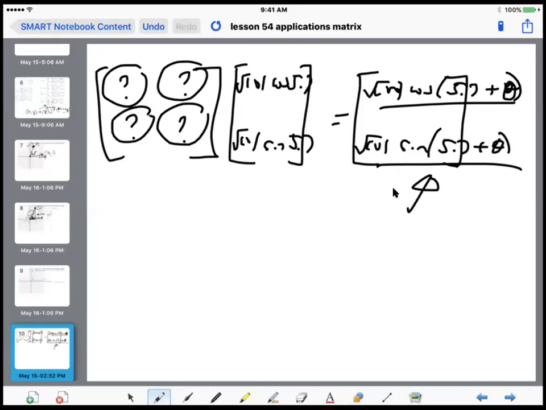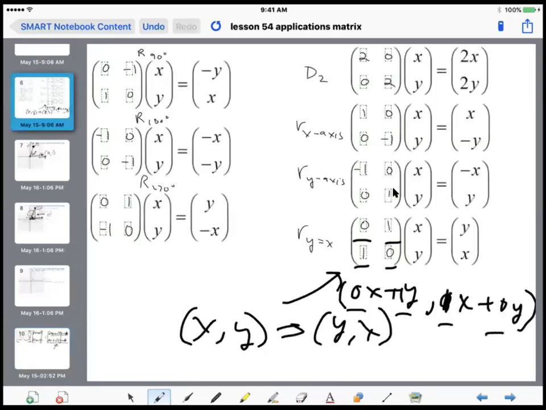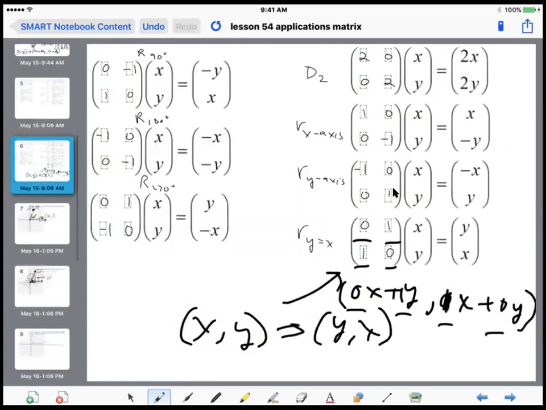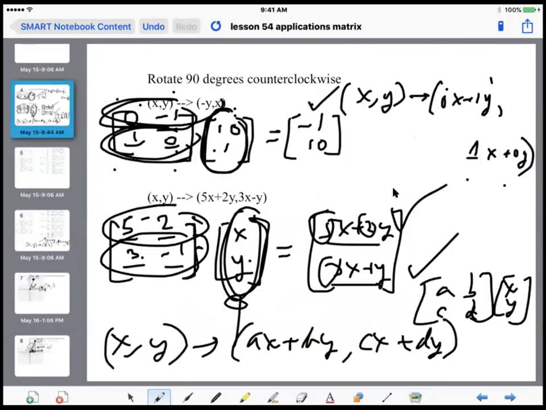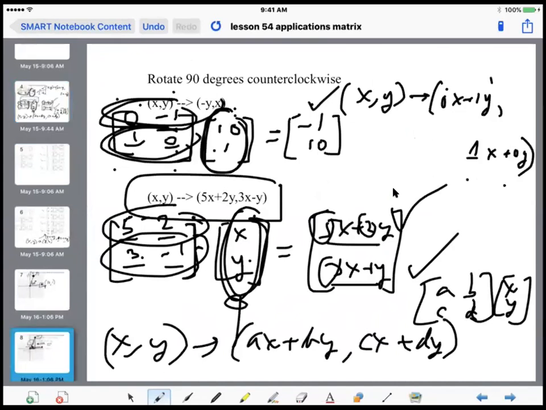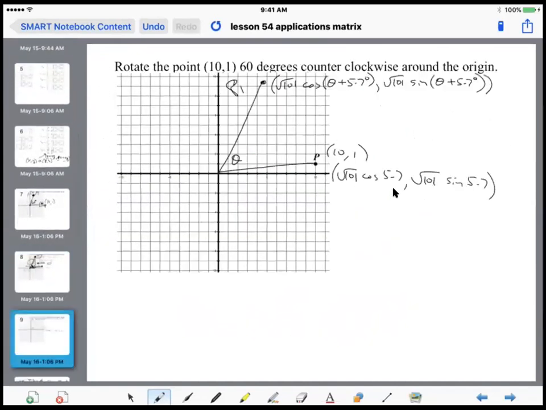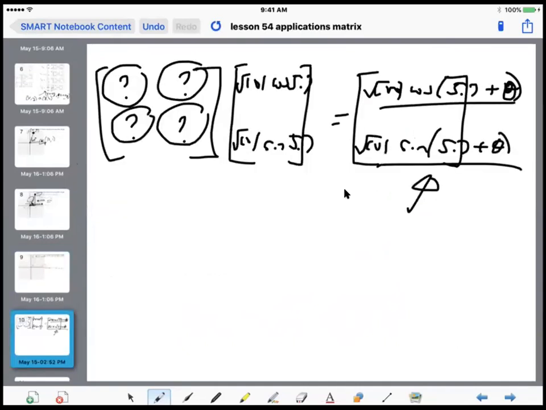Remember that in all the ones that we've done before, the transformations had the form something plus something, something plus something, or maybe minus. Okay, anyone have a suggestion?